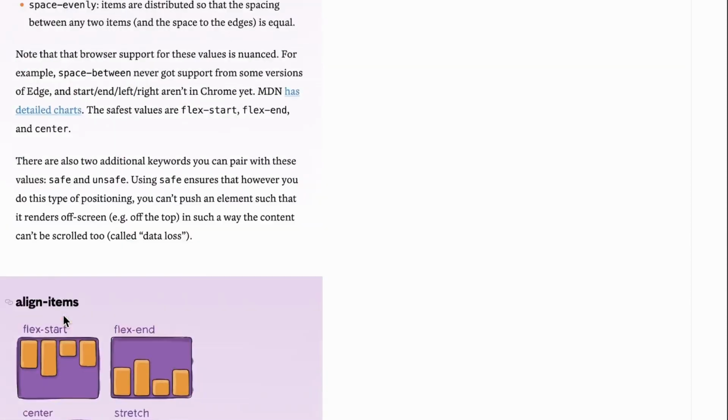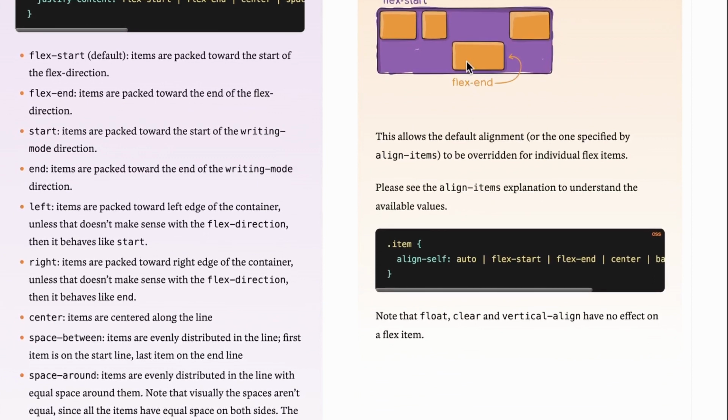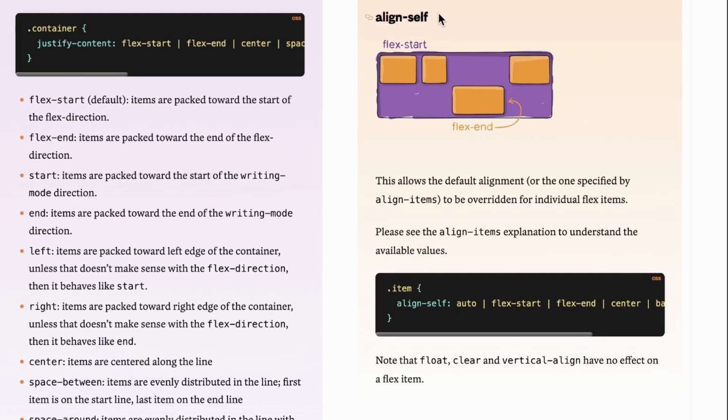All those properties are going to be valid when you're aligning an item itself. So you could set this to flex end while everything else is at the start. You could center it while everything else is at the start with flex center, or you could also set it to stretch to fill out the entire container. Okay, so use the align self property to align individual items differently from your entire container.